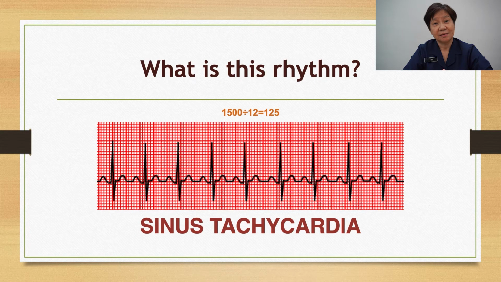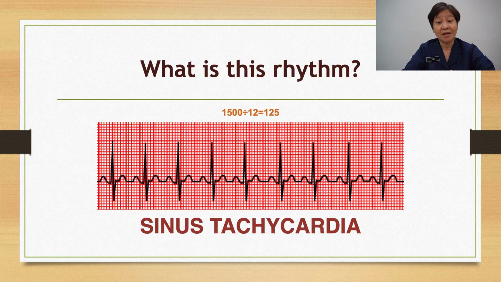Whichever pacemaker coming from your SA node, it will give you the rate of between 60 to 100. In this kind of pattern, if the rate is less than 60, this is sinus bradycardia. And if the rate is more than 100 to 150, this is sinus tachycardia. So far, okay?